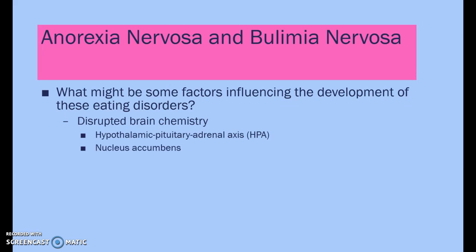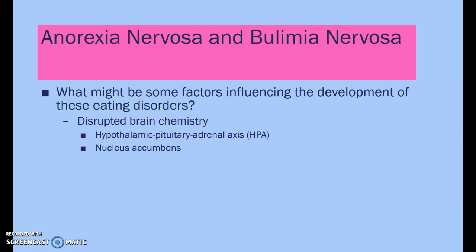We also see, especially with bulimia, some interesting things with the nucleus accumbens. If you remember back when we talked about drug addictions, the nucleus accumbens is one of the areas of the brain involved with rewarding and with the addictive substances. And so what we see with bulimia is that binging, having the tasty foods, can stimulate the nucleus accumbens.